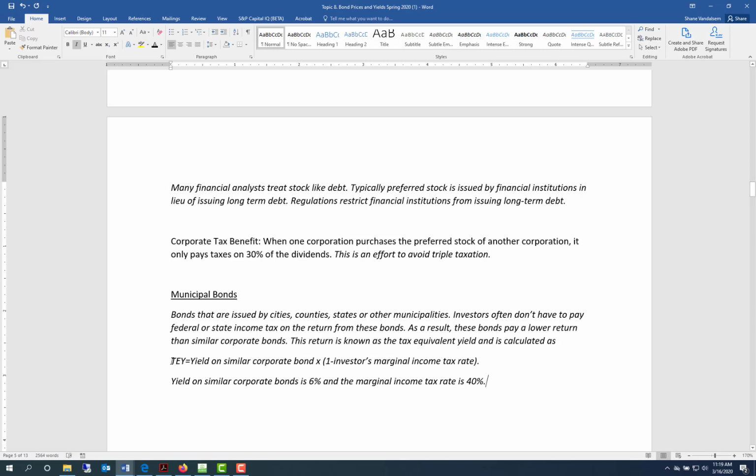The tax equivalent yield is equal to 0.06 multiplied by 1 minus 0.4, or 0.036, which is 3.60%. Now, municipal bonds are often issued on behalf of other organizations.